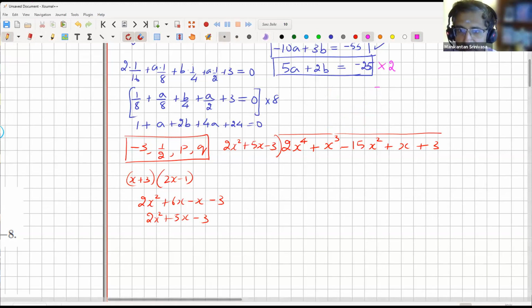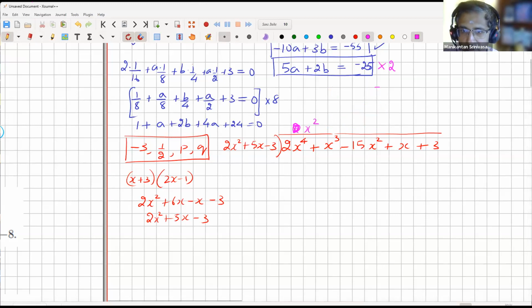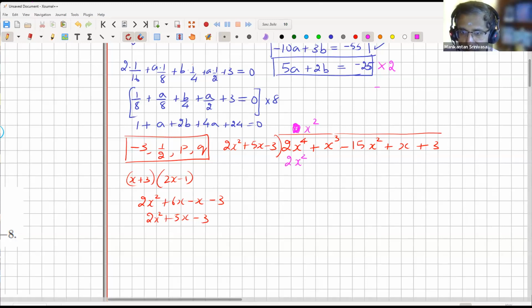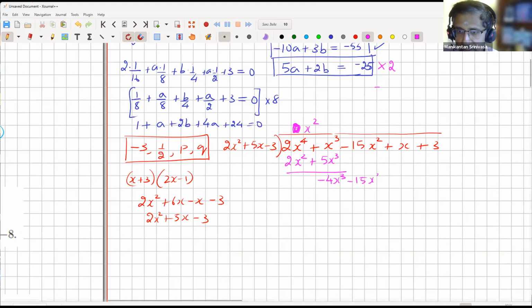I have 1x square only, right? So x square times 2x square is 2x power 4 plus 5x cube. Okay, so I can subtract 5x cube. Then minus 4x cube divided by 2x square is minus 2x.